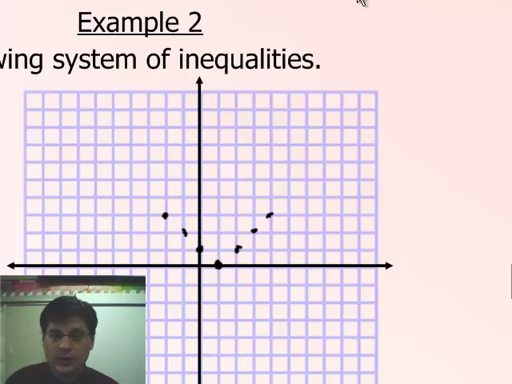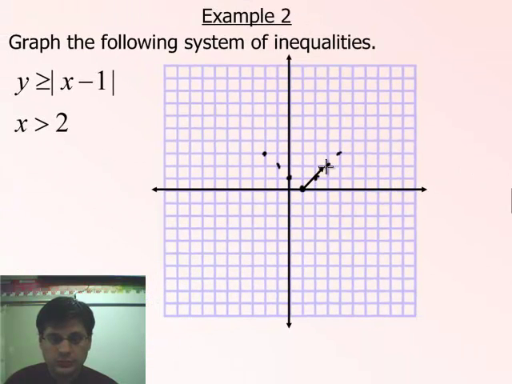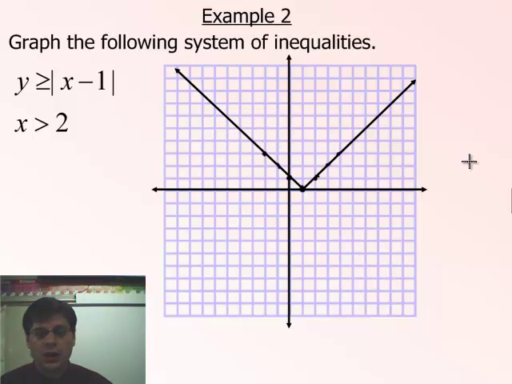And it's greater than or equal to, so that means we're going to use a solid line. So it's going to look like this. And this. Now we ask ourselves, which side do we shade?